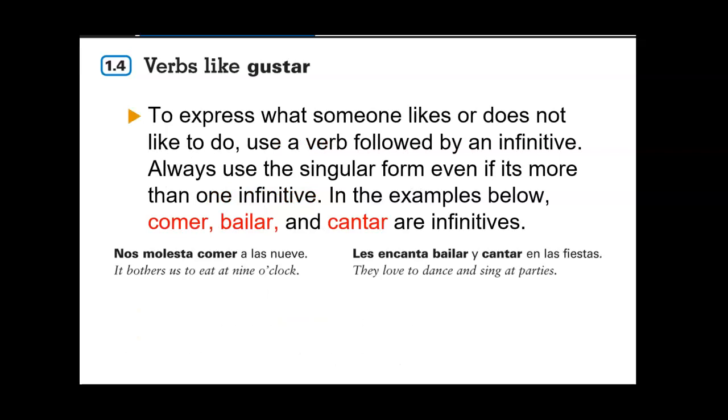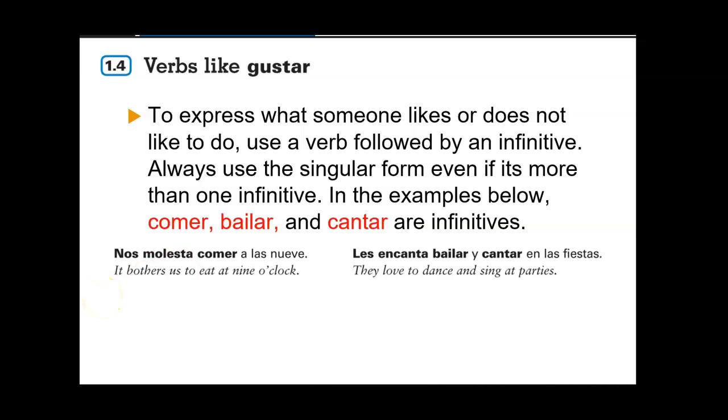All right, to express what someone likes or does not like to do, use a verb followed by an infinitive. Always use a singular form, even if it's more than one infinitive. In the examples below, comer, bailar, and cantar are infinitives. So in this case, this is my verb. If you're going to use an infinitive right after it, you keep it the same with the ending er, ar, ir. So in this case, nos molesta comer a las 9.